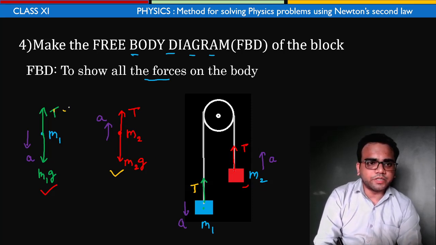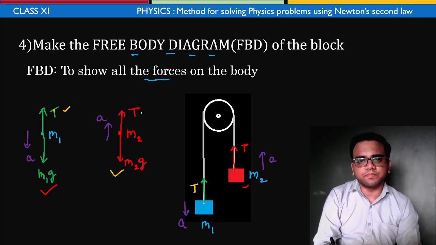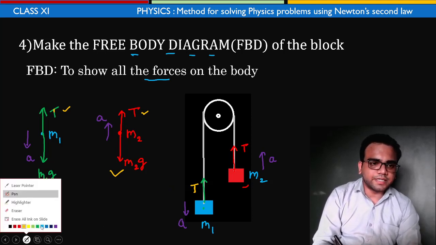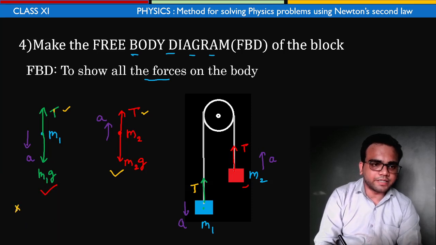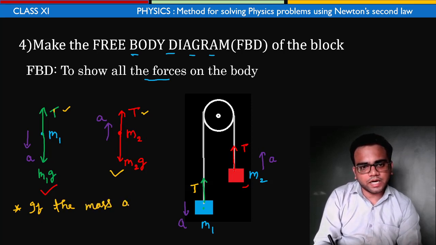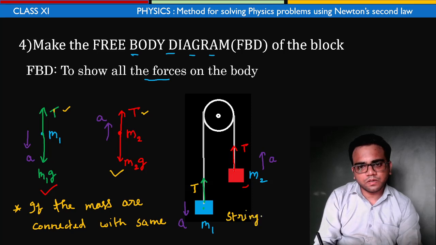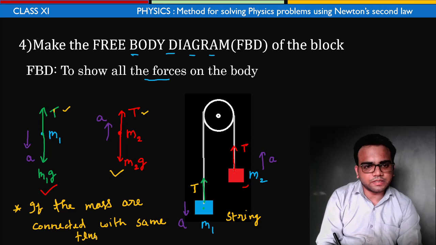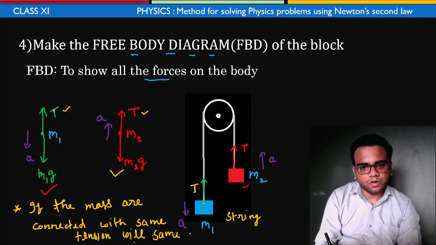You can see here I am denoting it by T and here also I am denoting it by T. You can remember this point, this is a very important point: if the masses are connected with the same string, the tension will be the same on both. I have run out of space.